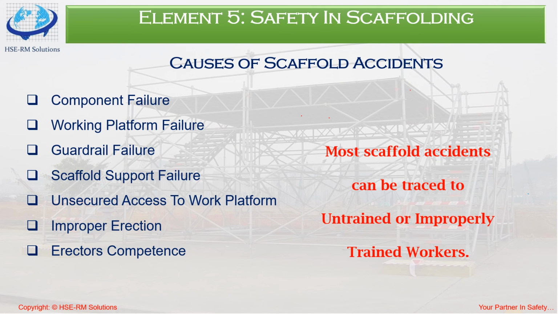If you are not erecting the scaffold properly, if the sole board is not proper, if the base plate is not proper, if the kicker lift is not proper, if the structure is not plumb, all of it results in the cause of an accident. Finally, these things we have discussed should be the basic point of understanding for any person who is erecting the scaffold. So erecting competence is one of the major causes of scaffold accidents.